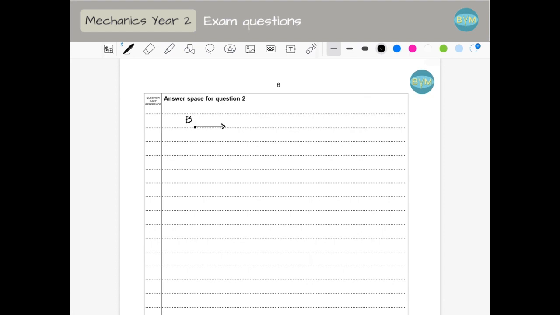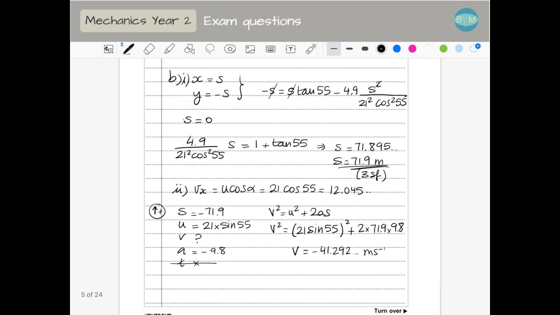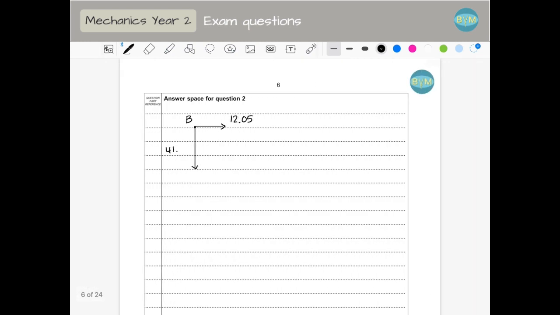So what I have at B, so if this is B, I have a horizontal component of the velocity that was 12.05, and I have a vertical one that is 41.3. This is my velocity at B, and I need this angle.